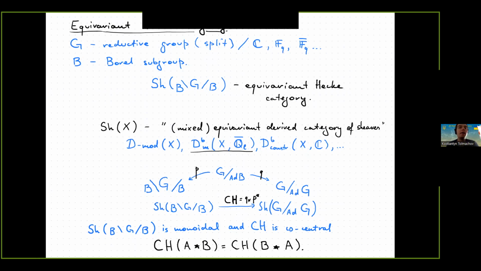So you can take, for example, the derived category of D-modules, in which case the mixed part will be given by the theory of mixed Hodge modules, or you can take the mixed derived category of l-adic sheaves on X, or if you are willing to forget the weights, you can just work with the constructible derived category of X in analytic topology.